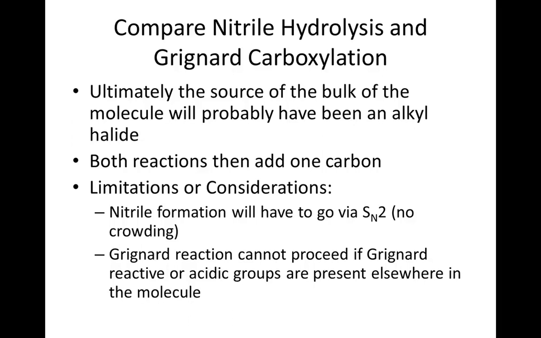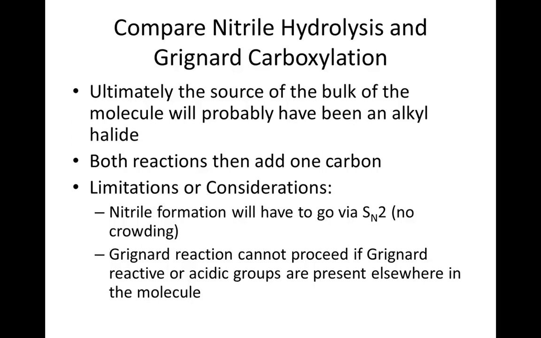And we talked a little bit about the cyanide ion as a nucleophile in Chapter 11, which is where the SN1 and SN2 mechanisms were. So you've got basically an inorganic source of the carbon in the form of the nitrile or cyanide ion, or you've got what could possibly be considered an inorganic source of carbon from CO2 if you choose to do the Grignard reaction.